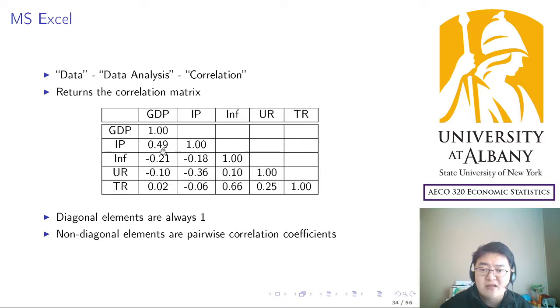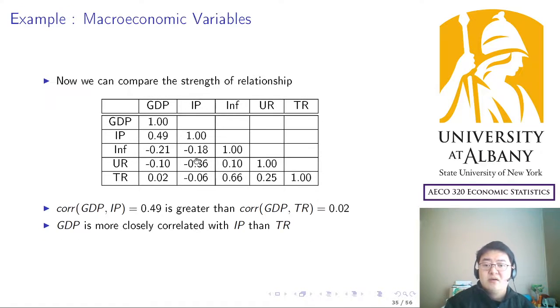And then industrial production and GDP has a positive correlation coefficient of 0.49, and then minus 0.21, minus 0.10, and 0.02. So the non-diagonal terms are pairwise correlation coefficients. And now you can compare the magnitudes, the strength of the relationship.